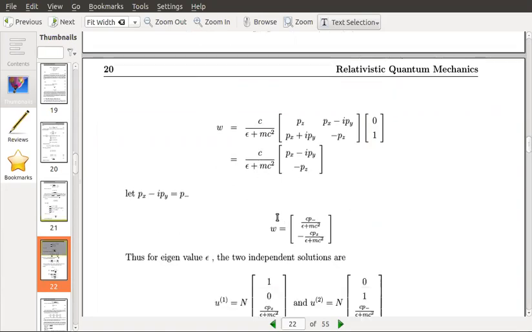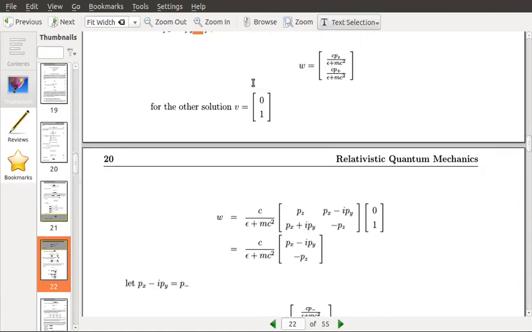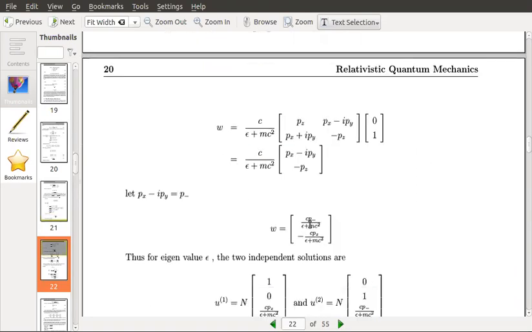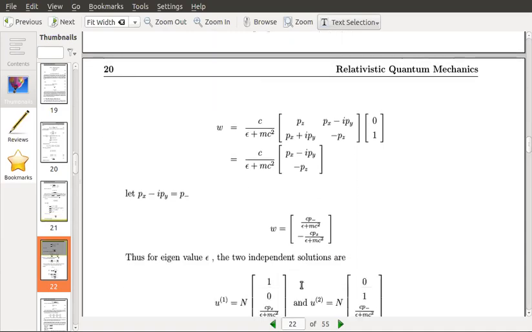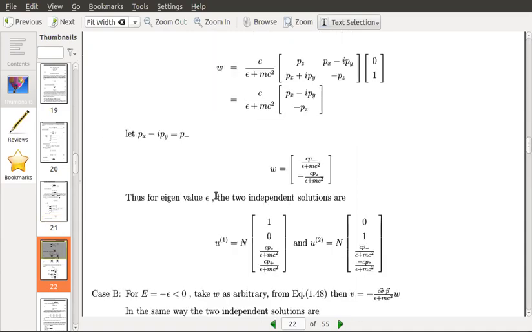Let c go inside so that you get p minus over the denominator, and minus c pz divided by the denominator. So this total component will be 0, 1, and these two components. So this is V and this is W. So that is for the eigenvalue epsilon.